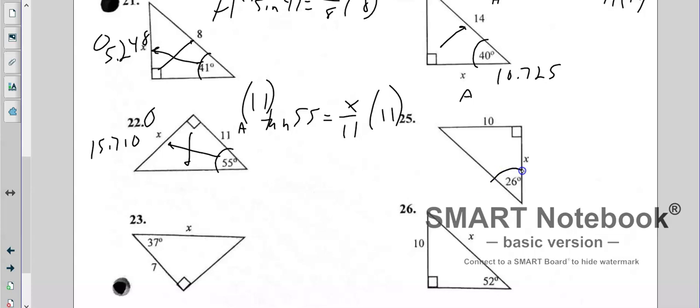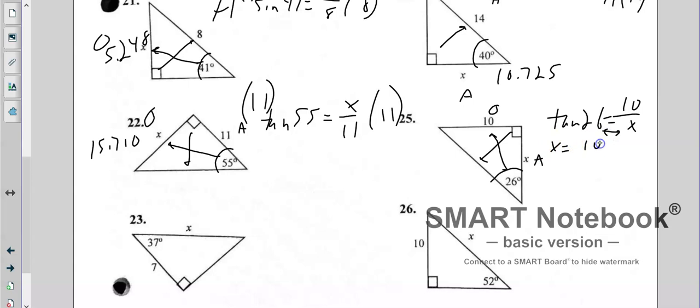All right, from this angle, what do we have? We don't have the hypotenuse. We have opposite, and here's adjacent. So we're doing tan again. Tangent of 26 equals opposite over adjacent. Now, this is one of those tricky ones when x is in the bottom. So what do we do? We switch these two.